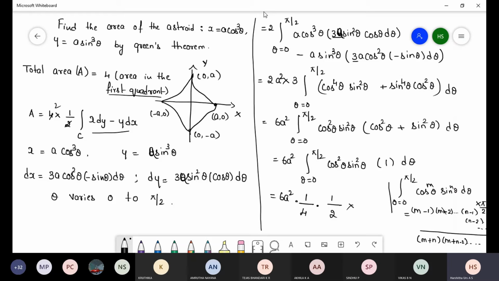Again n minus 2 is 0. So we won't go for further simplification. As both are even, we write pi by 2. So here 2 2s are 2, 3 3s are. So we get 3 pi a square divided by 8 square units.